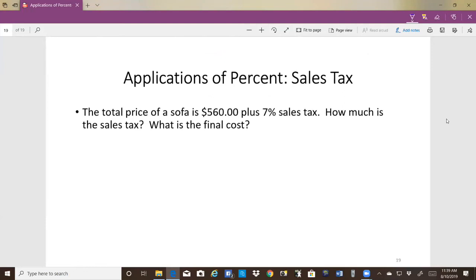So suppose the total price of a sofa is $560 plus 7% tax. How much is the sales tax, and what is the final cost? The tax is going to be 0.07 times $560, which is equal to $39.20.